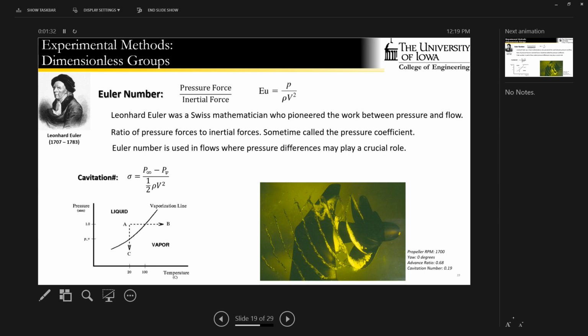The reason it's called the cavitation number is because when this is equal to 0, you're at the vapor pressure. I'll leave this till later, but you can set a threshold, and if the cavitation number falls below this point, then you'll get cavitation.